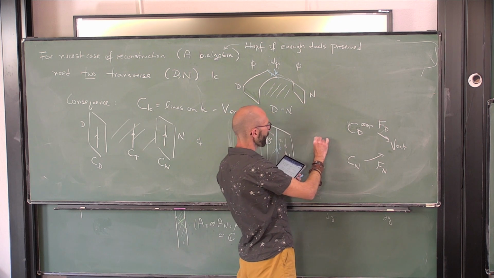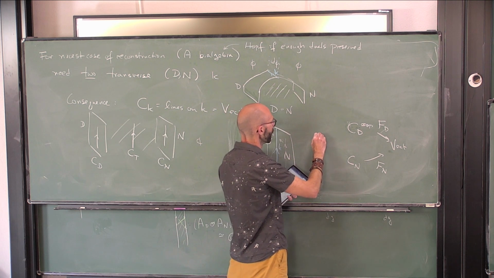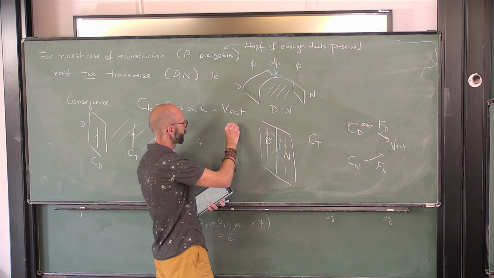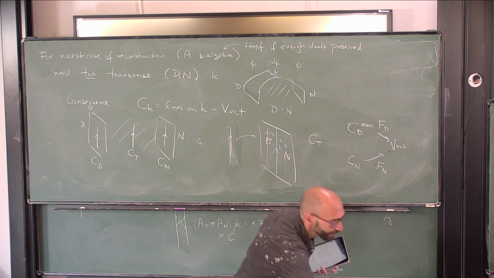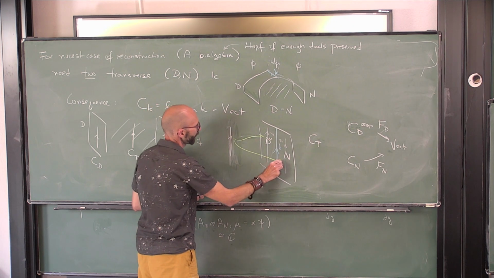And when there's a bulk boundary map, in fact, there are two of them, from the bulk category to either side.